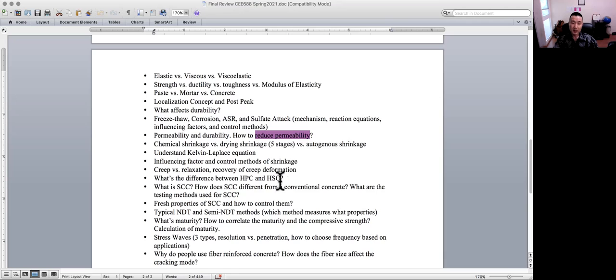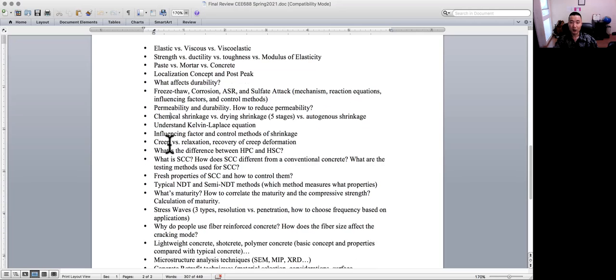All right. So the next is about shrinkage and creep. We discuss different types of shrinkage: chemical shrinkage, which is caused by hydration, the chemical reaction between cement and water; and also dry shrinkage, the drying of the concrete when the water is lost to the air; or autogenous shrinkage, when the water is dried out due to self-desiccation, which only occurs in concrete with low water cement ratio.